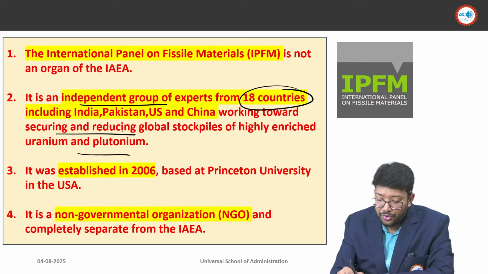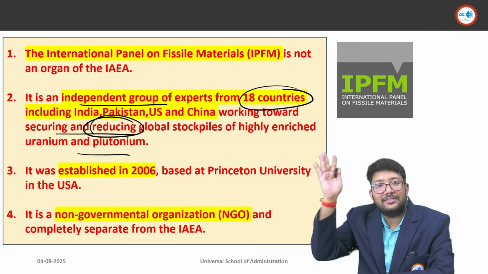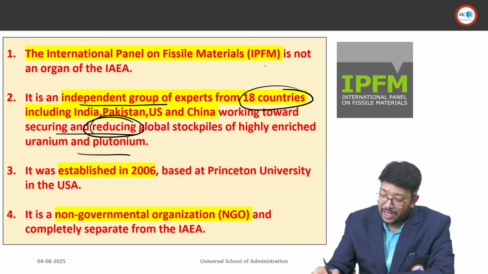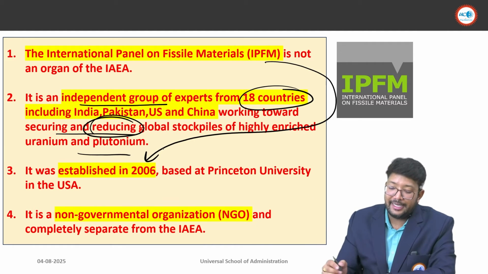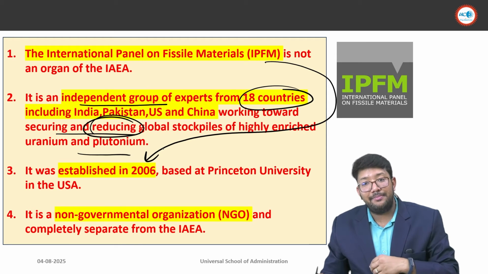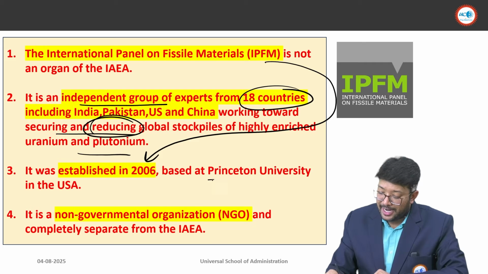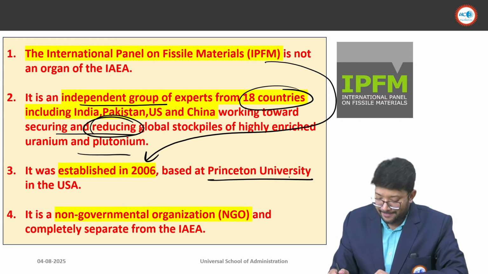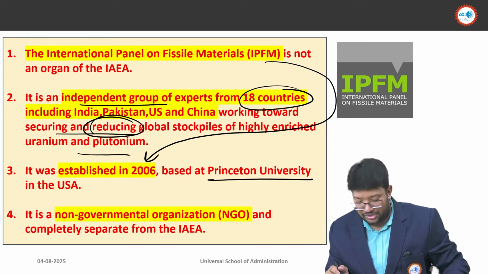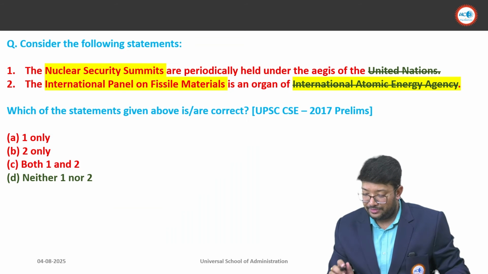Are we doing it? No. Instead of reduction, it is increasing day by day. The IPFM was established in 2006. It is based at Princeton University in the USA. It is a non-governmental organization, an NGO.